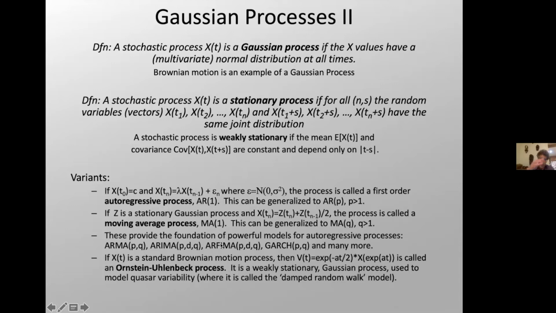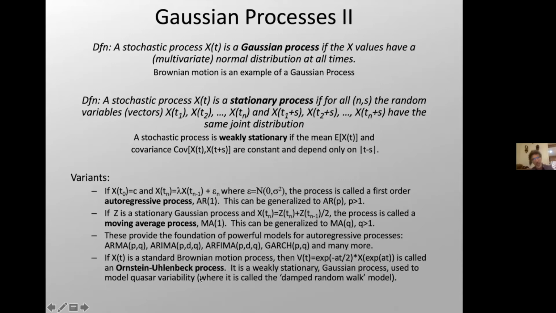ARFIMA has long memory, power law parts. GARCH has volatility, not a constant sigma squared, but itself is an autoregressive process, and it goes on and on. There's all sorts of complicated ways of defining Gaussian processes that have dependencies that are not stationary.